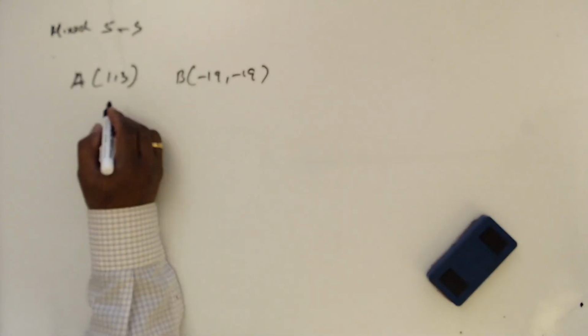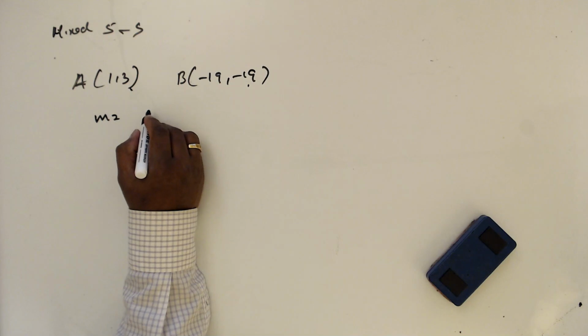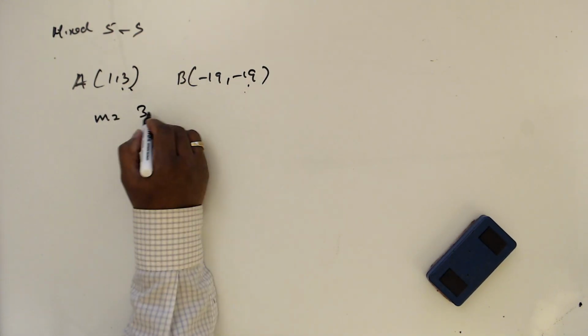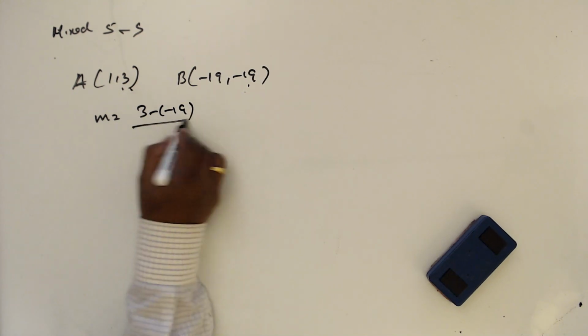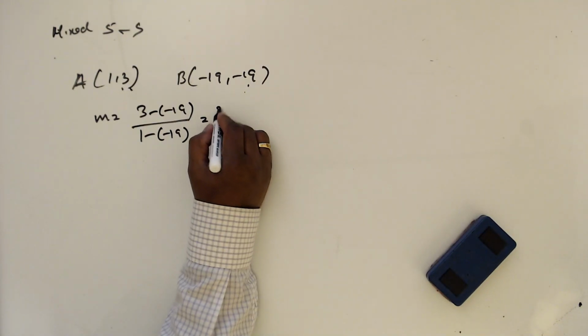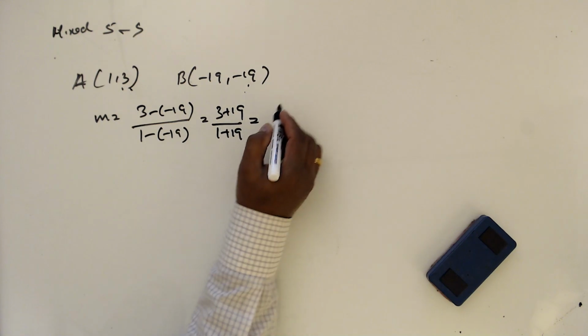The gradient m is (y1 minus y2) over (x1 minus x2). I'll write it like this: (3 minus (-19)) over (1 minus (-19)). So 3 plus 19 over 1 plus 19.